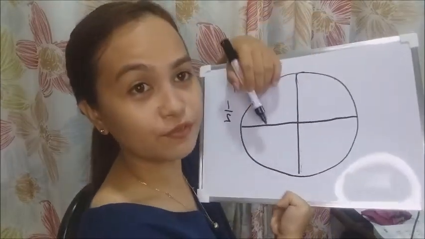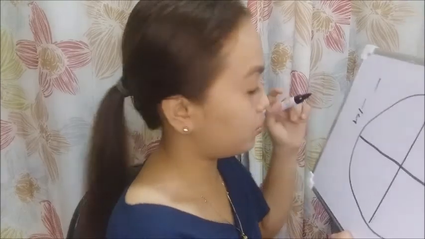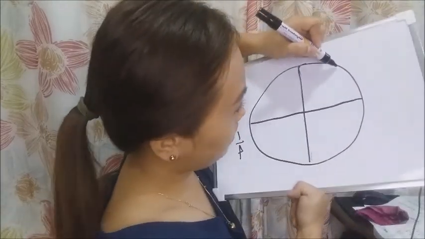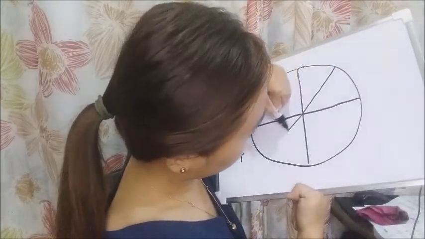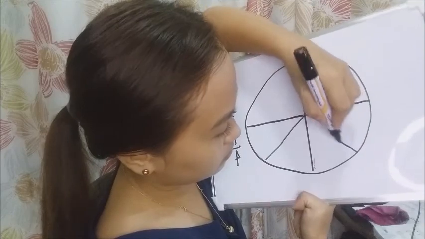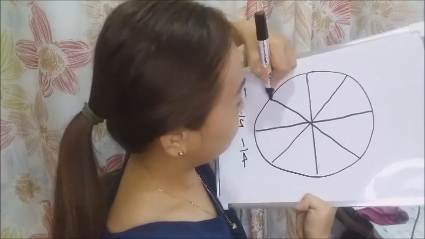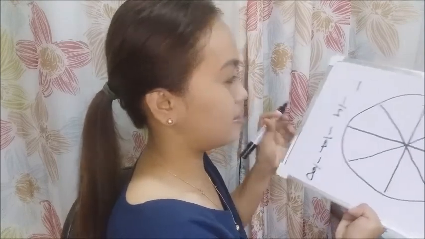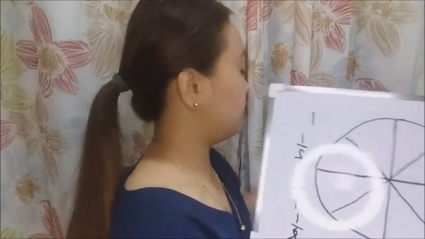One, two, three, four. That is a quarter note, a quarter of a whole note, 1/4. And let's divide it again. Eighth note, 1/8. From whole note to half note to quarter note and to eighth note.